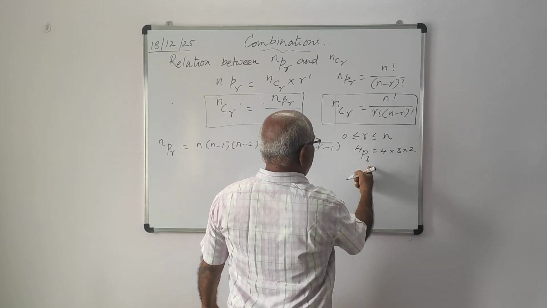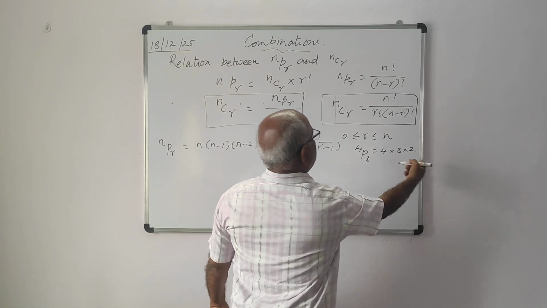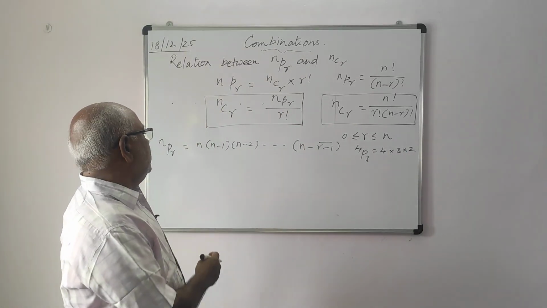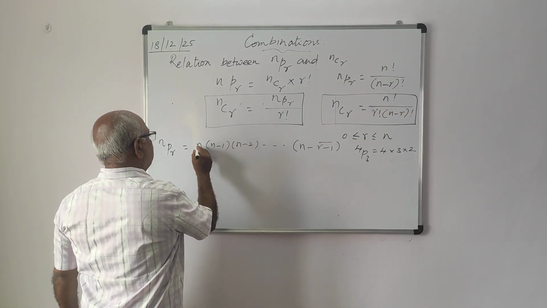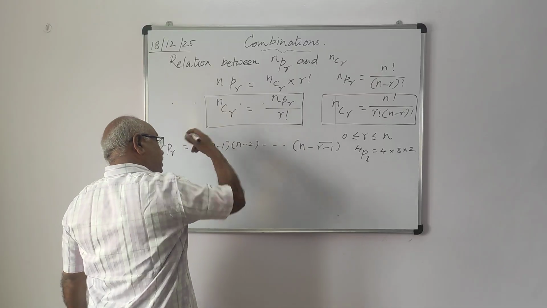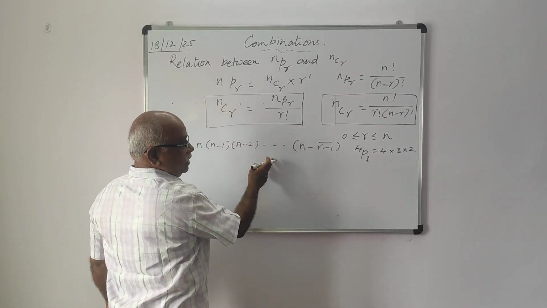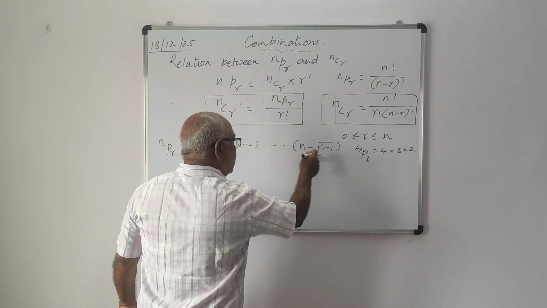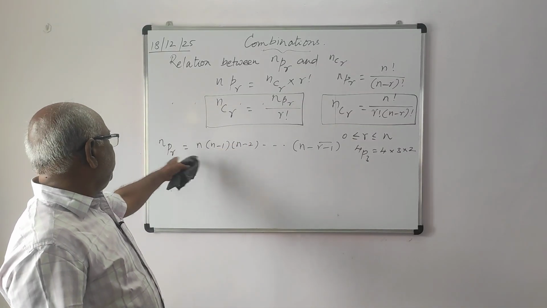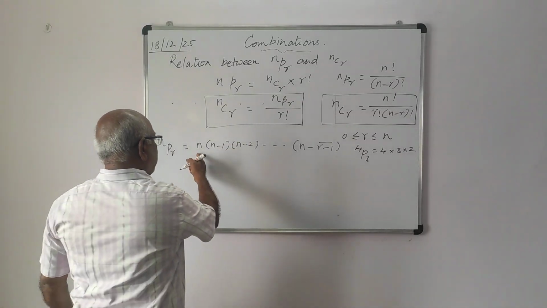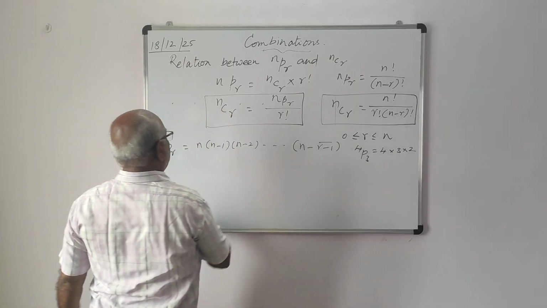If it is r terms you have to reduce. n is also one term. So the next, second term is n minus 1, third term n minus 2, fourth term n minus 3, rth term n minus r plus 1. That is our nPr value. If you divide by r factorial, it becomes nCr.